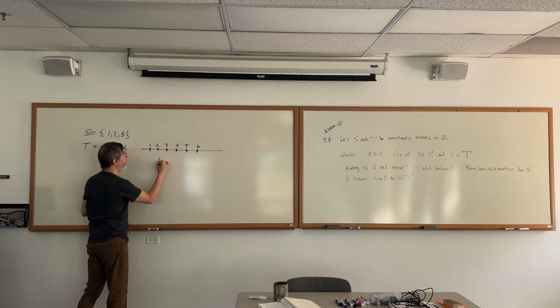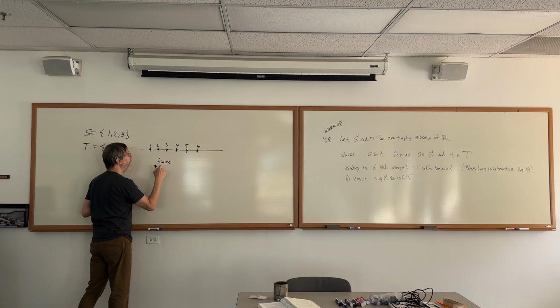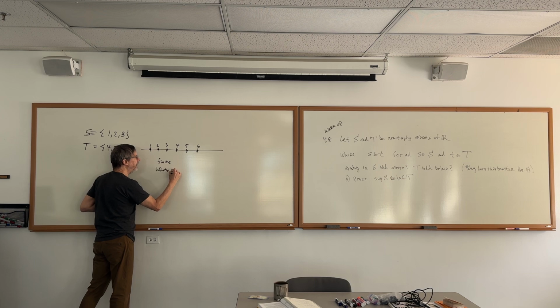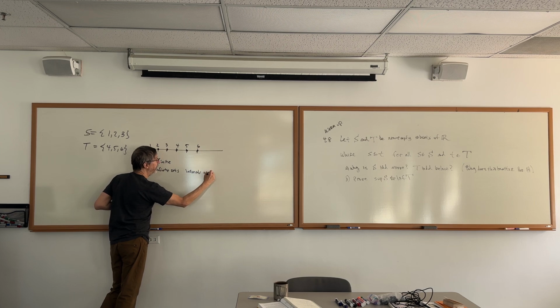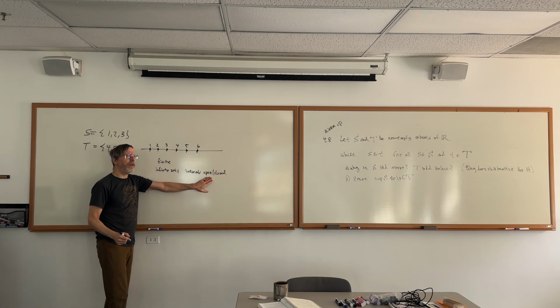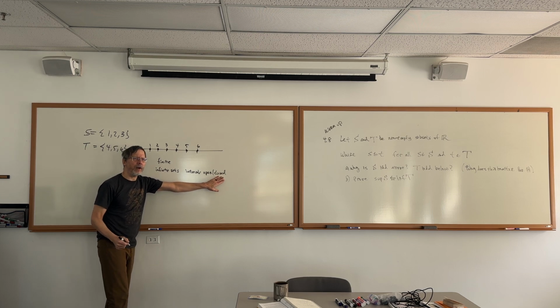We've got a finite set here, but I would recommend thinking about cases like this, but then also infinite sets involving intervals, both open and closed. Does that phrase make sense when I say that? Because we didn't talk about it officially.